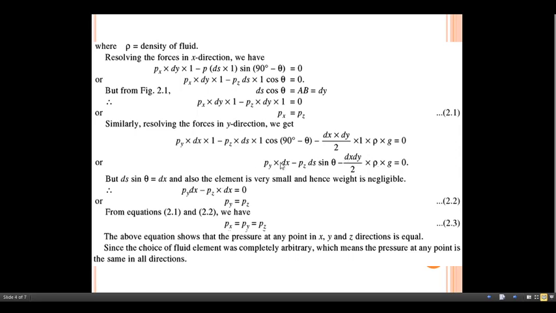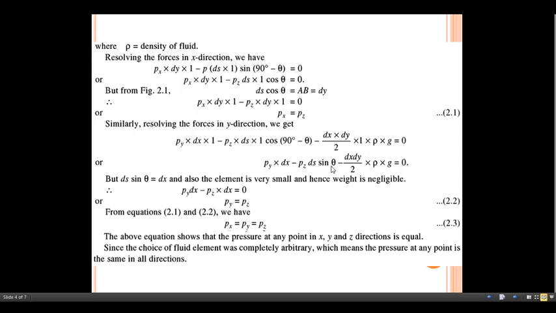So we can simply write Py into dx minus Pz into dx, since this product is very small and the weight component is very small, so we can neglect it.